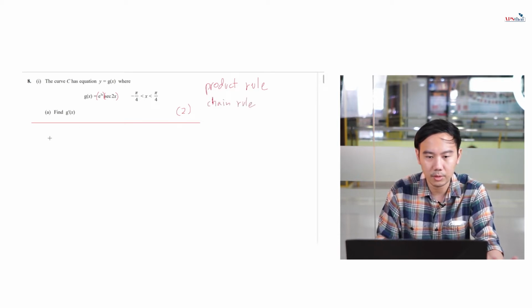The product rule is u times the differentiation of v plus v times the differentiation of u.